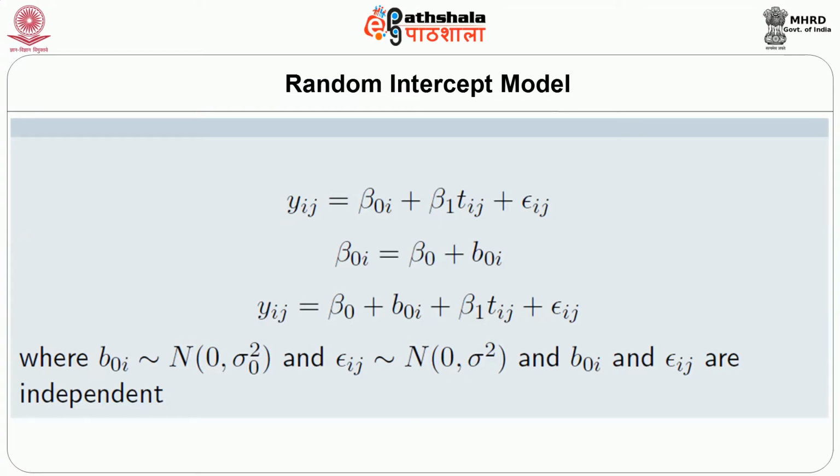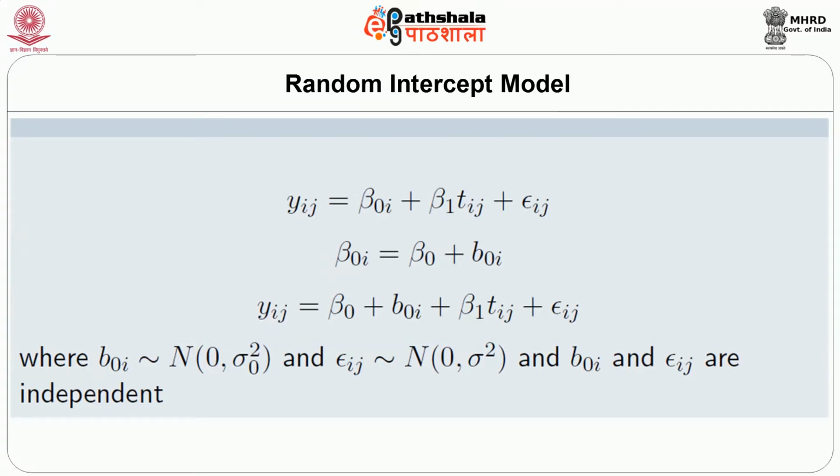Now, we can think of this beta_0i as consisting of two terms. The first term is beta_0, which represents the mean intercept of the population, or the population level intercept, and then I can add a term b_0i, random in nature, which shows the variation of the ith individual from the population level intercept.